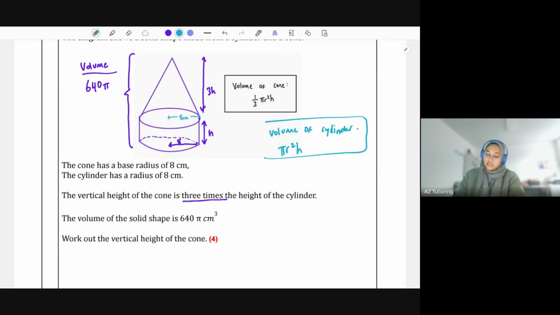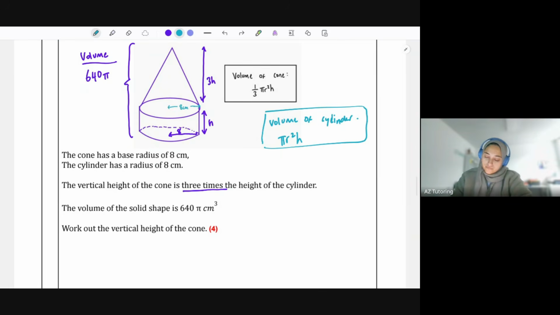So we've got both the volume of the cylinder and the volume of the cone. We are going to add them two together to give us 640 pi, but I'm going to substitute the numbers as I'm adding them together as well. So the volume of the cylinder is pi times r squared. R squared of the cylinder is just 8 squared, so 64, times the height, which we've called h.